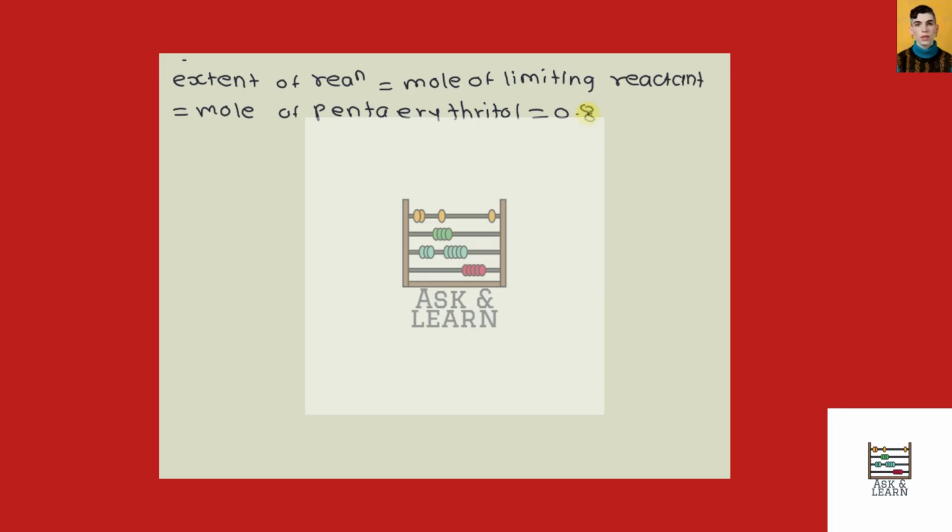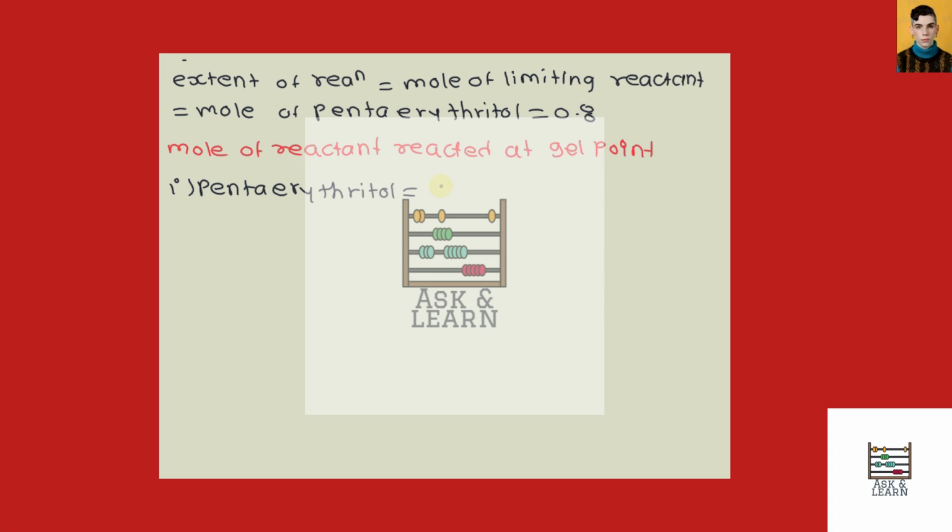Now here we find the mole of reactant reacted at the gel point. Now first one is pentaerythritol and it is the limiting reagent.